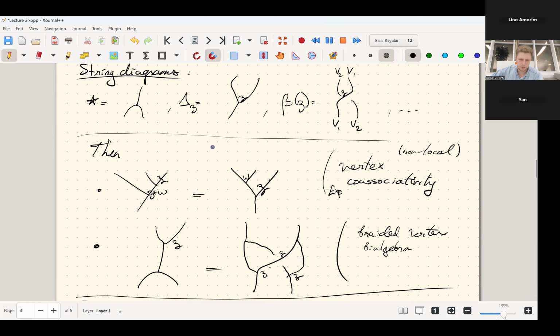If we take expansions around w and z equal to infinity, we get the associativity identity for a vertex algebra, but dualized.